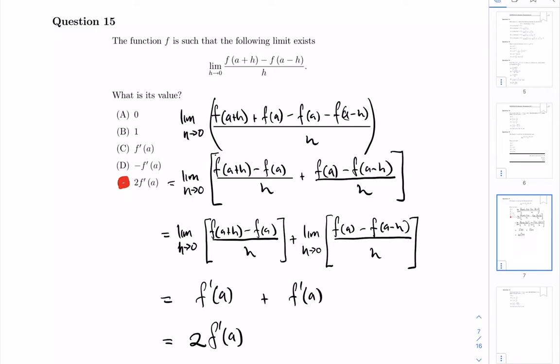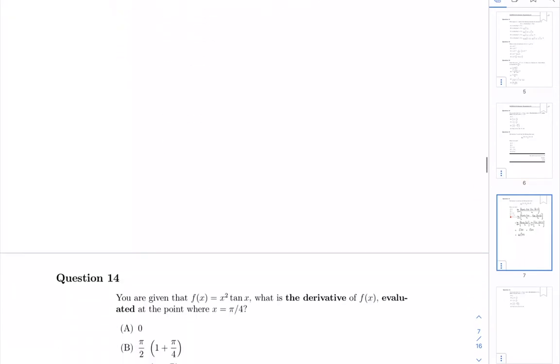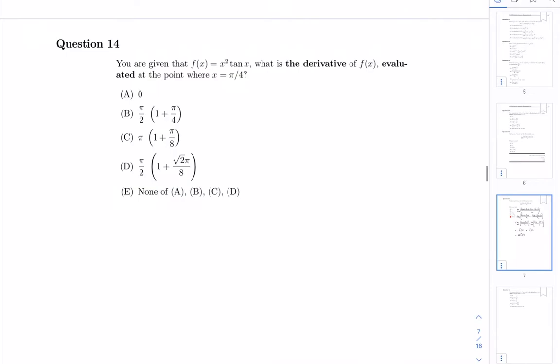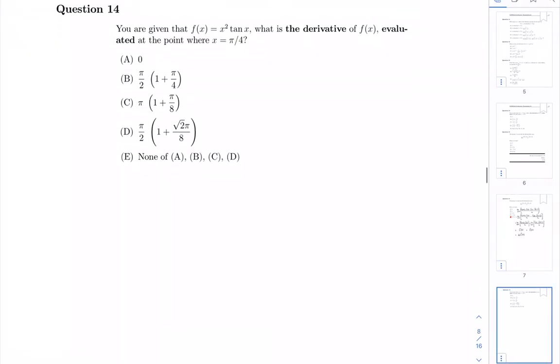All right, moving right along, we now look at question number 14, which gives us f of x equals x squared times tan of x. What is the derivative of f of x evaluated at the point where x is equal to pi over 4?